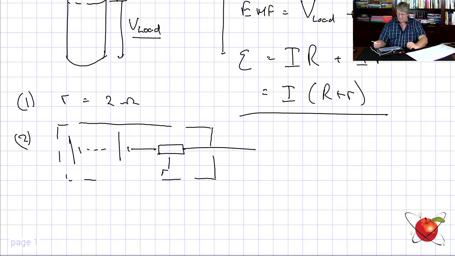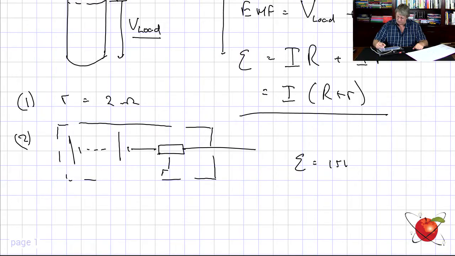This little resistor is the internal resistance. They've split the battery with its own little internal resistance and put a little dotted line around it. Or they could just say the EMF is equal to 15 volts and r. So this is the way they are going to give these kinds of problems to us.